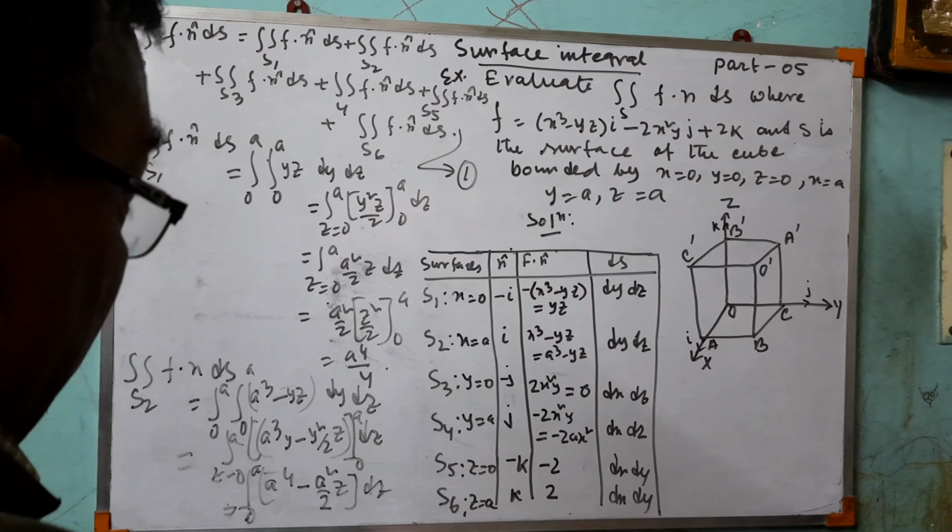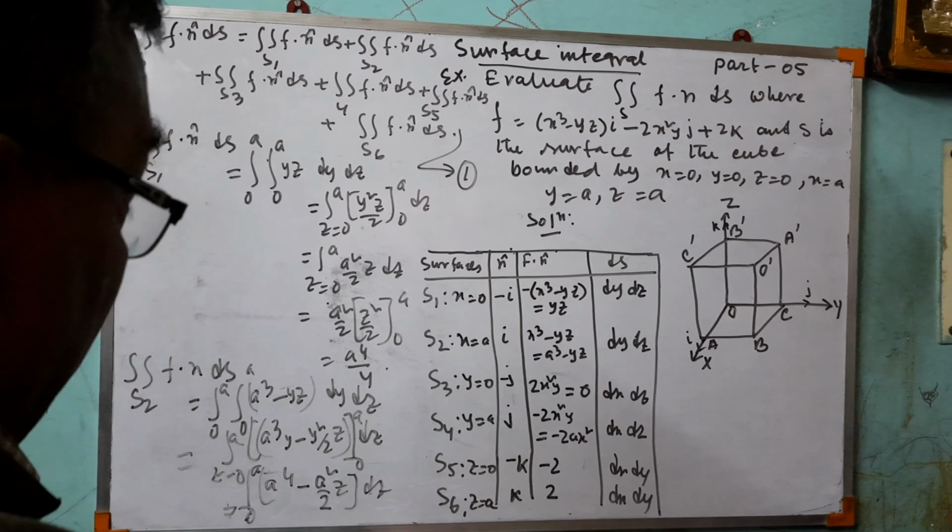I am doing this part here. If I put upper limit minus lower limit, a to the power 5 minus a to the power 5 by 4, and we get a to the power 4 by 4.